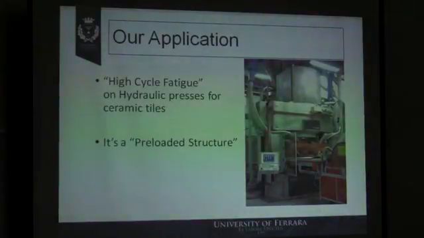That's our problem. So we deal with high cycle fatigue of a hydraulic press for ceramic tiles, and which is the main property of the structural behavior of this machine. This is a preloaded structure.